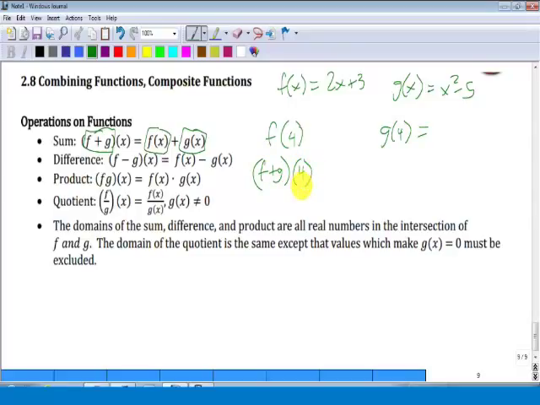Well, let's see. f of 4 is going to be 2 times 4 plus 3. That's 8 plus 3. That's 11. And g of 4 is 4 squared minus 5. Oops, I did not want that to happen.